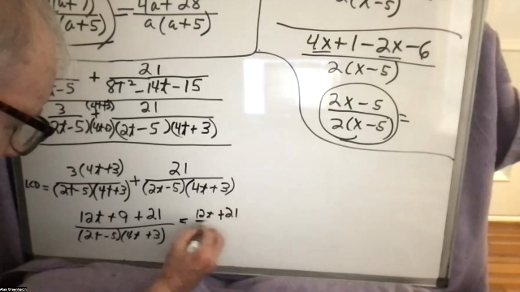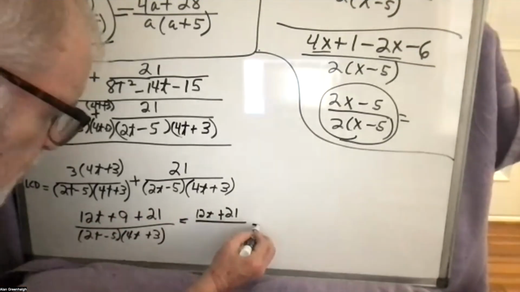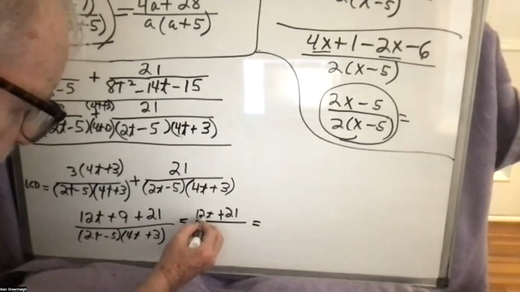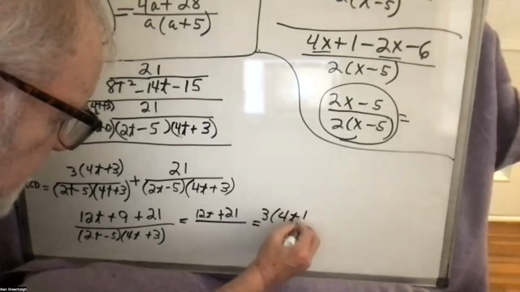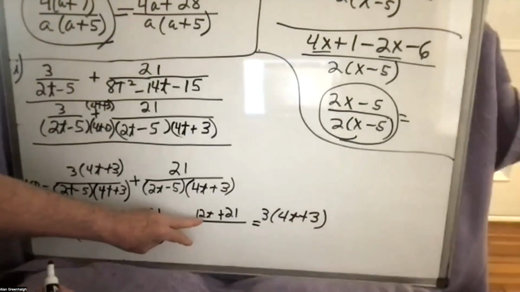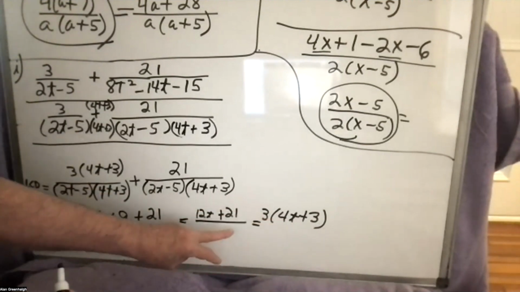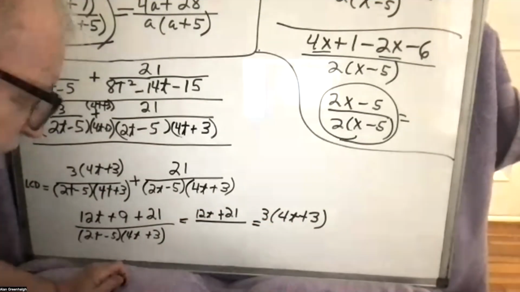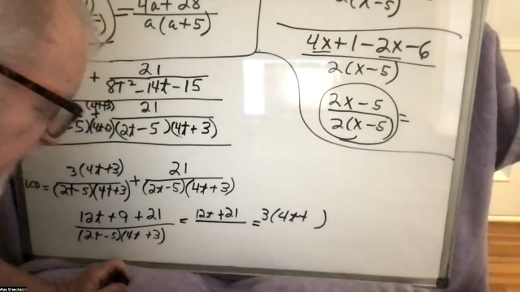Does this help? Which gives you 30, wait, factor out a 3, 4t plus 3. Yeah, there it goes, right? That denominator factors into that. Oh, no, excuse me. Sorry. Wishful thinking, huh? That's called wishful thinking.